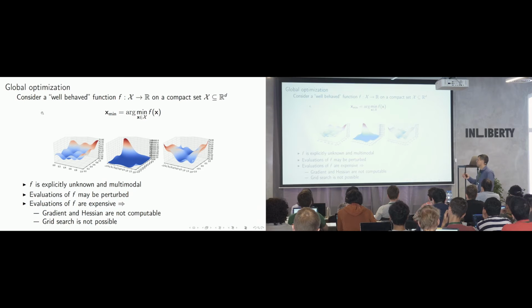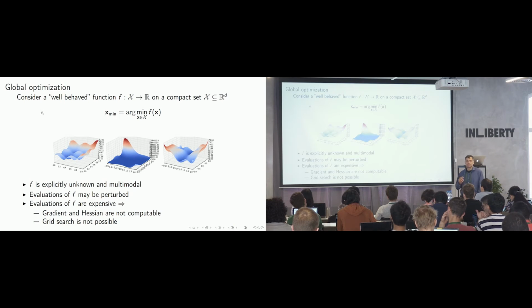Moreover, this function is very expensive to evaluate. That means that it may take hours, even days, to calculate just one value of this function on some high-performance computing device. And that means that we can't perform random search. We can't calculate gradients of this function numerically. And this situation is quite typical for many real-world problems.